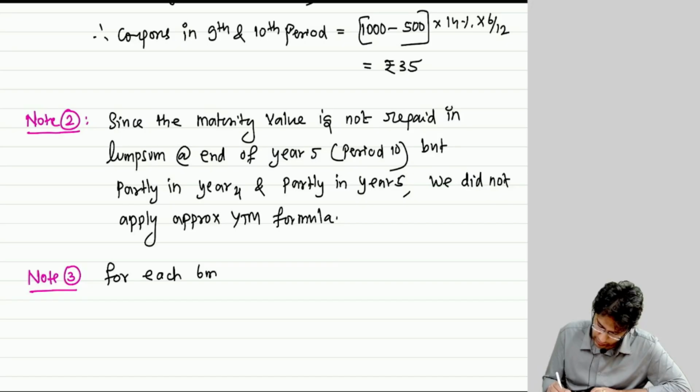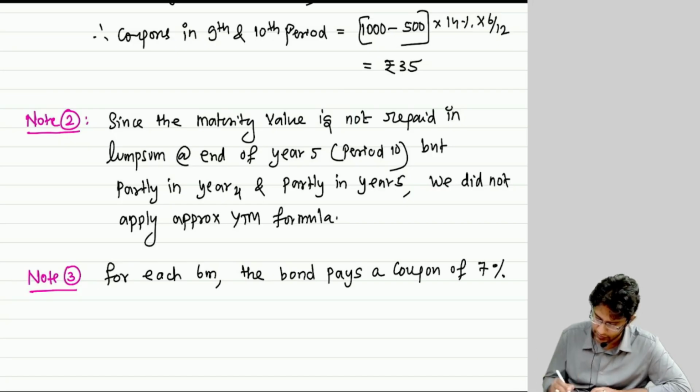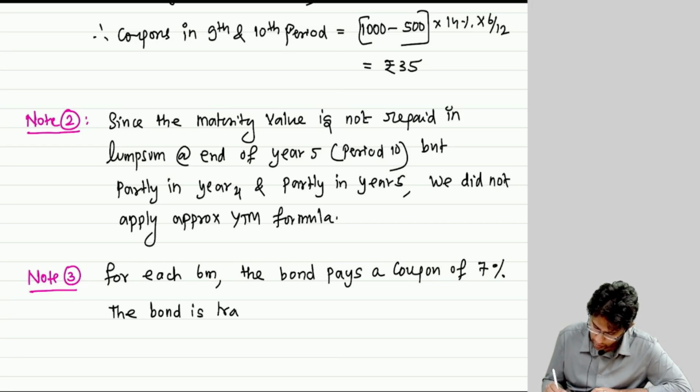For each 6 months, the bond pays a coupon of 7%. The bond is trading at premium.